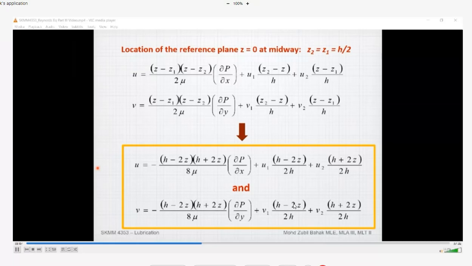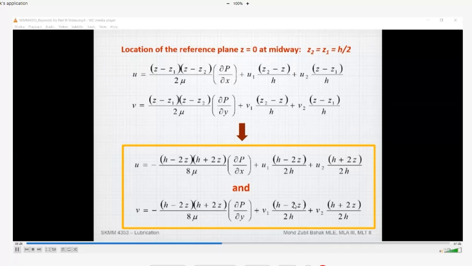The u, or the velocity in x, and also the y direction, is given in the box here. So we have an equation which this time is quite different from the one in the second part of the video.